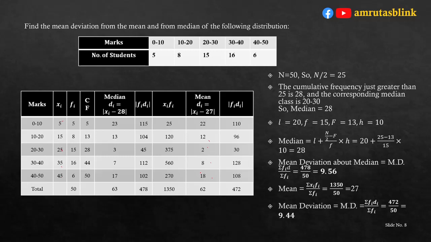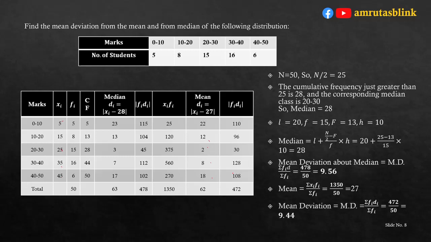So we will find the product of fi and di. Hence 5 into 22 is 110, 8 into 12 is 96, 15 into 2 is 30, 16 into 8 is 128, 6 into 18 is 108, and the total of these values is 472.